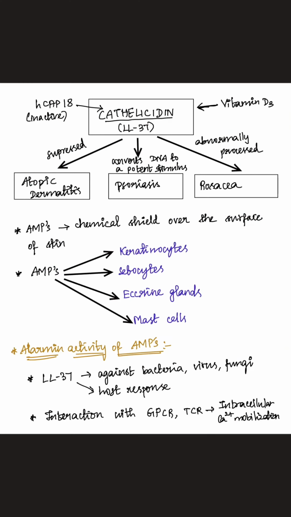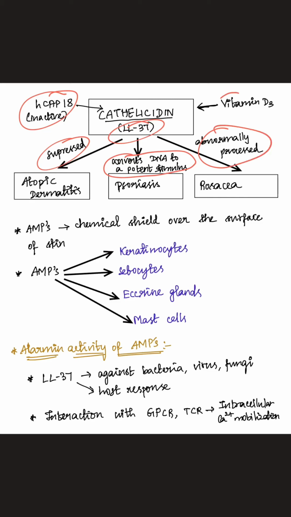This cathelicidin is otherwise called LL37, and HCAP18 is a precursor of cathelicidin which is itself inactive. This cathelicidin is suppressed in atopic dermatitis, and it converts self DNA to a potent stimulus which plays an important auto-inflammatory role in psoriasis, and also it is abnormally processed in conditions like rosacea.